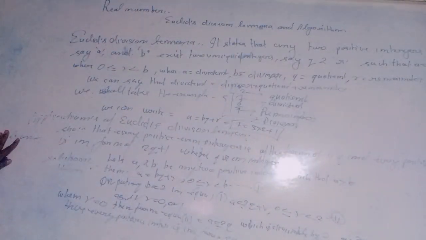Thus every positive integer is in the form 2q or 2q plus 1, as we know that a positive integer is either even or odd.